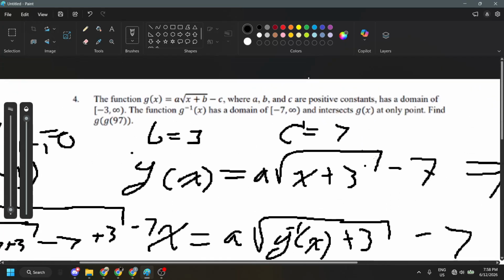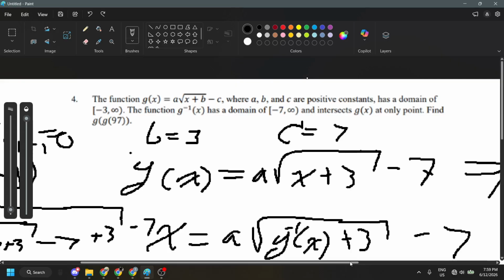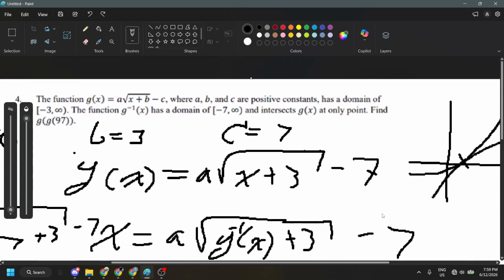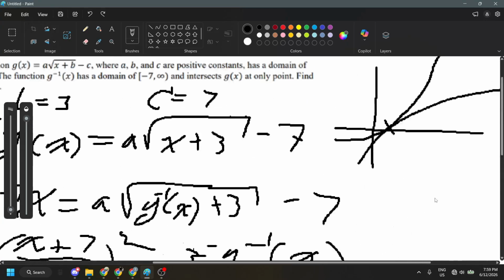Is there any way, I just want to use this information that g and the inverse only intersect at one point. How do we know what point they intersect at?